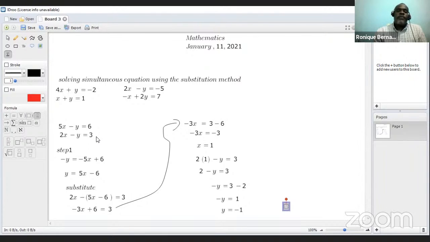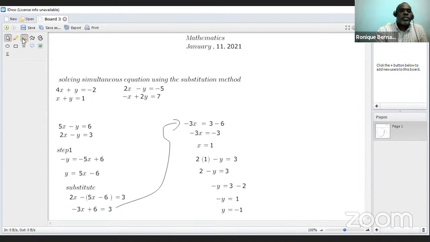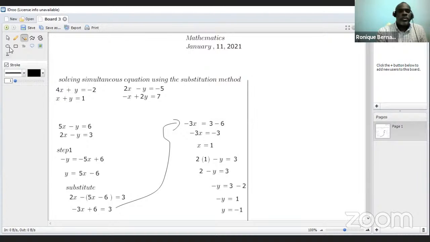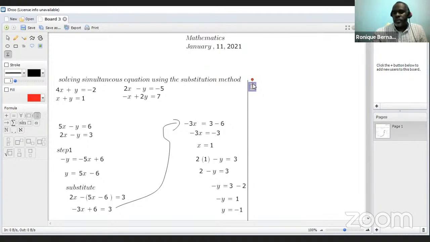All right. For the benefit of those who are absent from the class, let's go through number one. This is number one, Tangini.